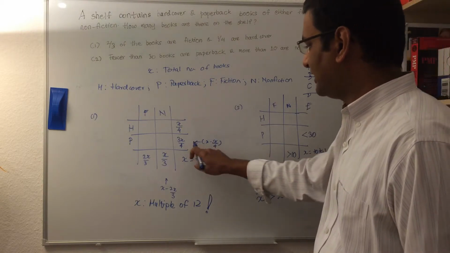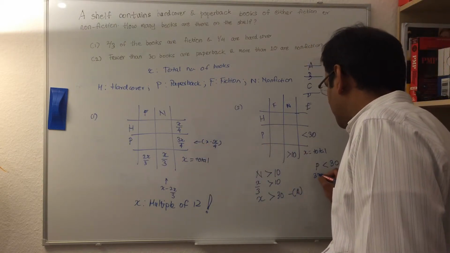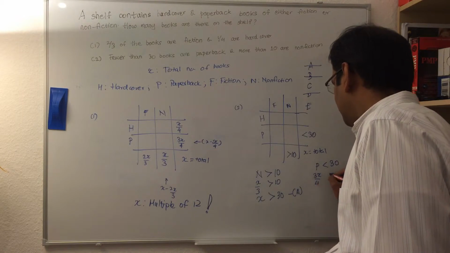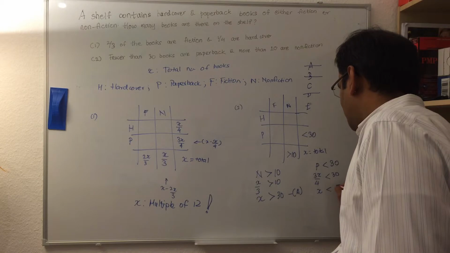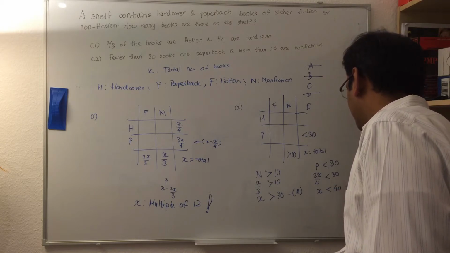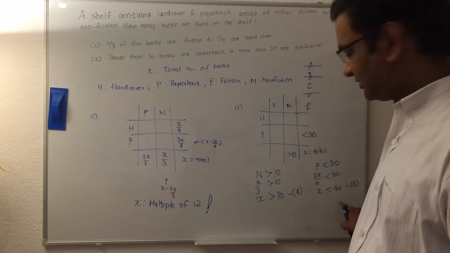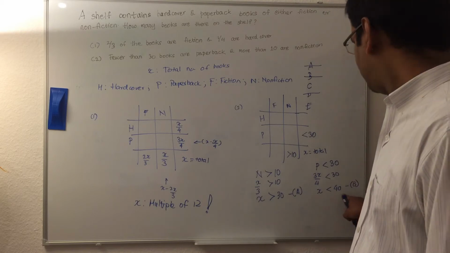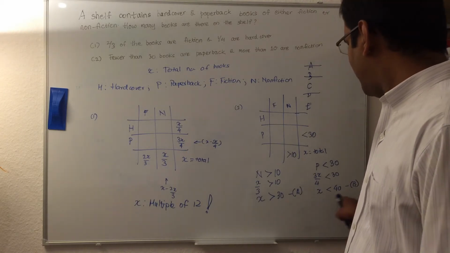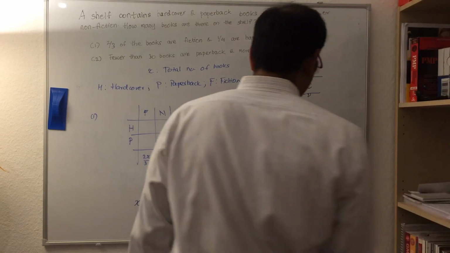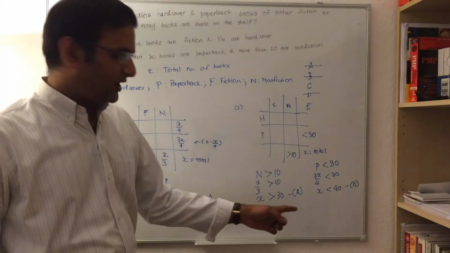Or in other words, 3x over 4 should be less than 30. Or in other words, x has to be less than 40. Let us mark this inference as B.